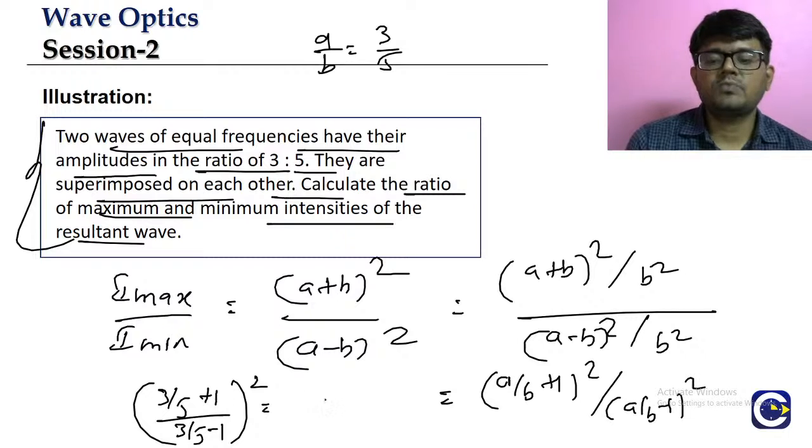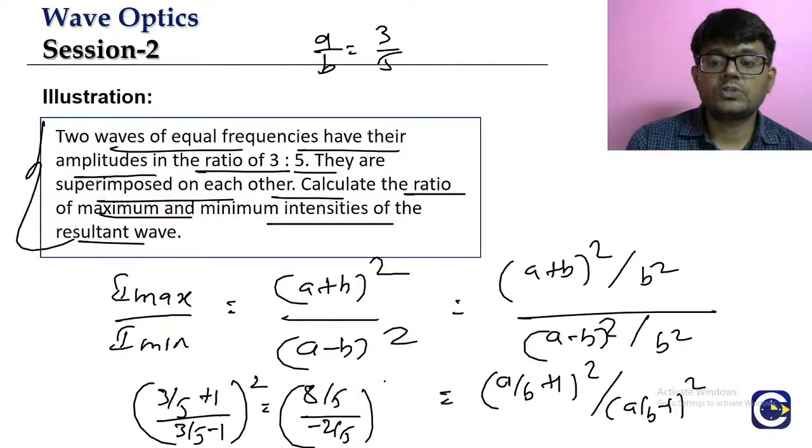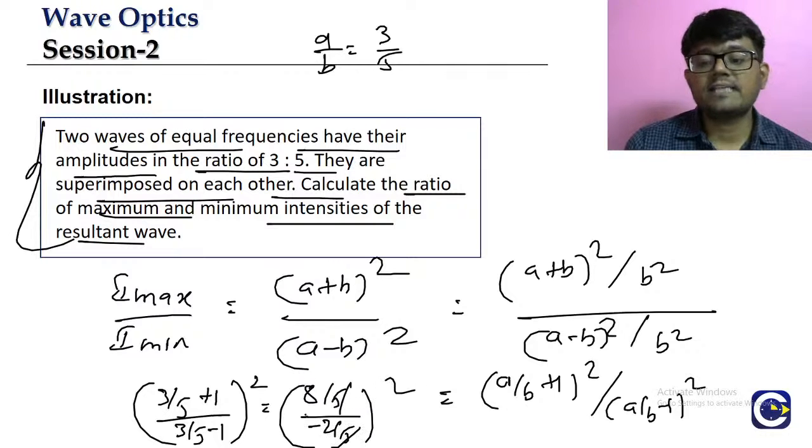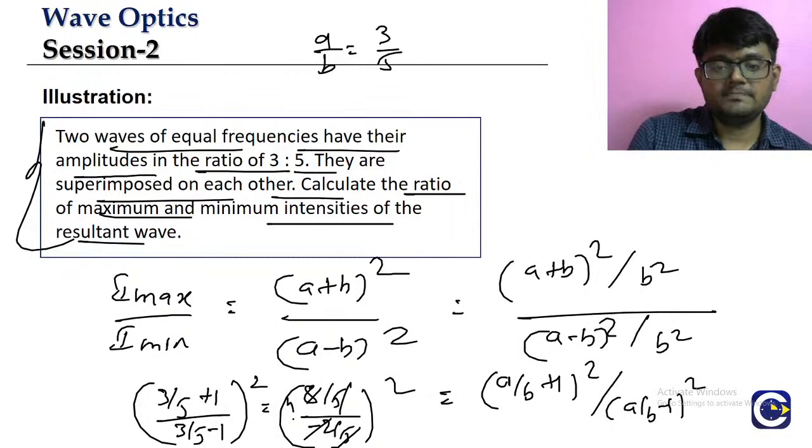3 by 5 plus 1 means what? That is 8 by 5. 3 by 5 minus 1 means what? That is minus 2 by 5 whole square. 5 is cancelled. 2 1s are 2, 4 2s are 8. What is it? 4 square means 16.